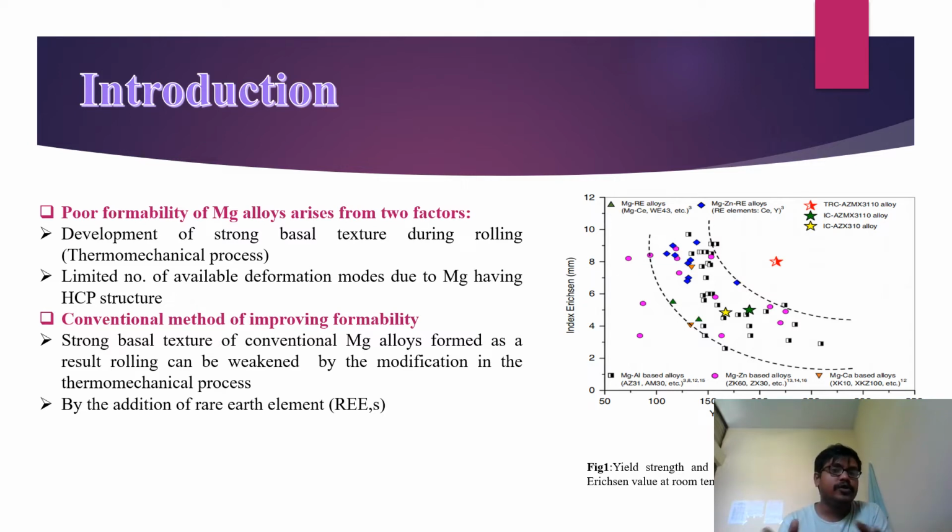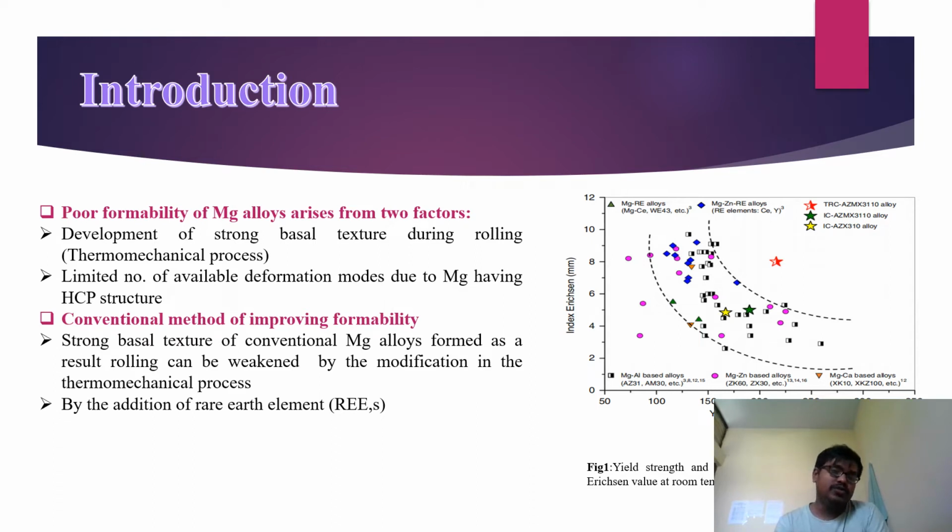So we are not able to achieve good formability because it has fewer slip systems compared to other crystal structures like FCC and BCC. In those cases, we have a large number of slip systems. But in the case of HCP, the number of slip systems has drastically decreased.